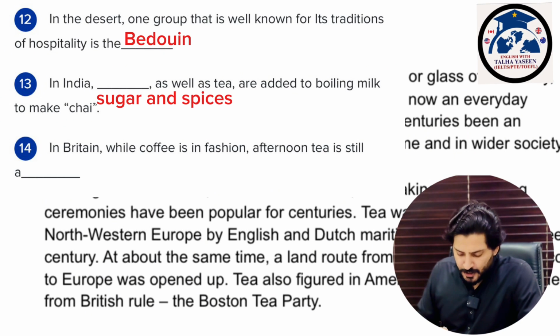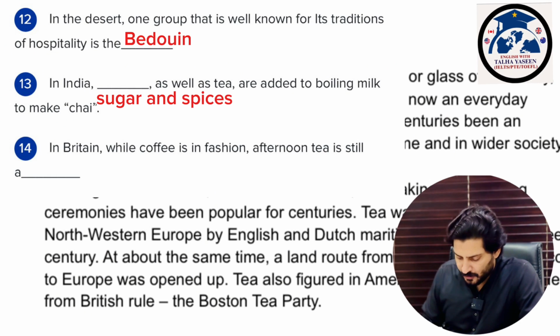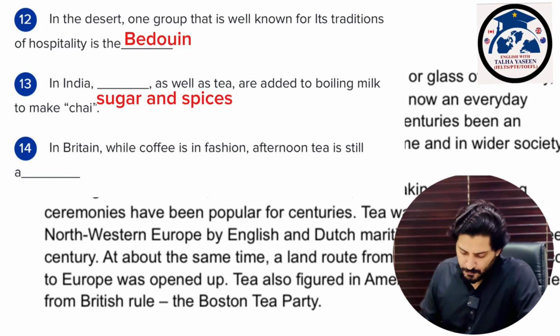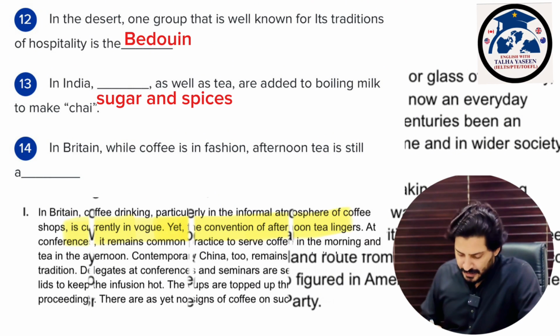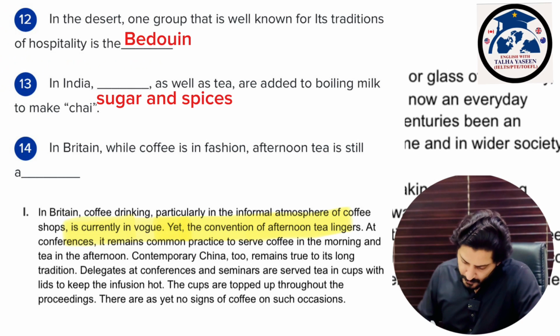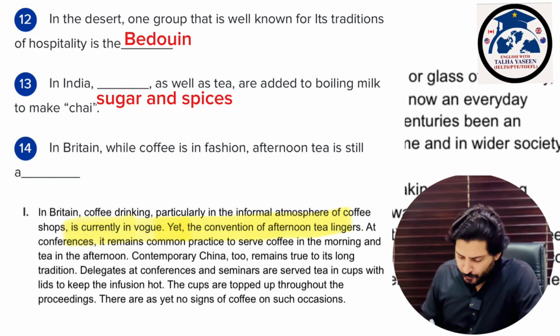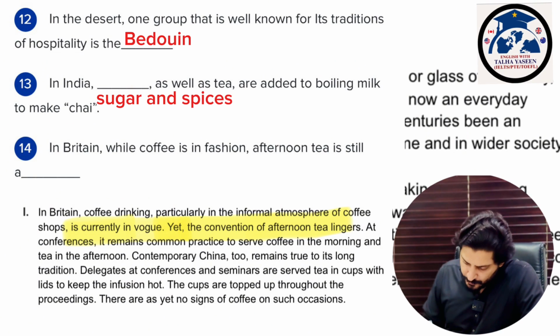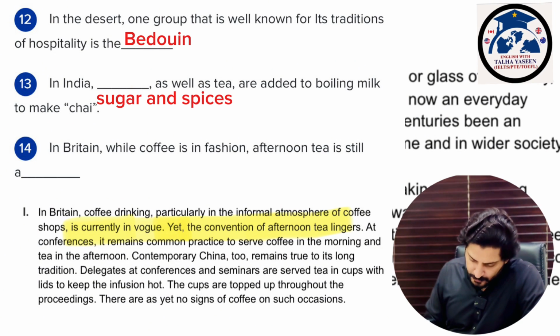Last question. In Britain, while coffee is in fashion, afternoon tea is still a dash. Let's read paragraph I, line 2. At conferences, it remains common practice to serve coffee in the morning and tea in the afternoon. In contemporary China, too, it remains true to its long tradition. In Britain, coffee drinking, particularly in the informal atmosphere of coffee shops, is currently in vogue.